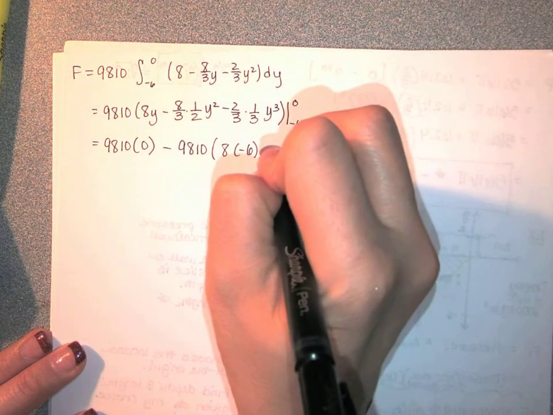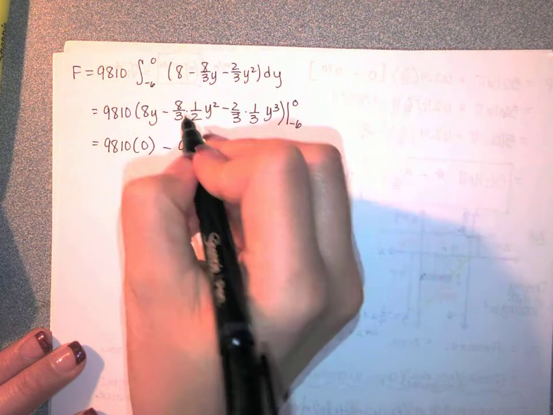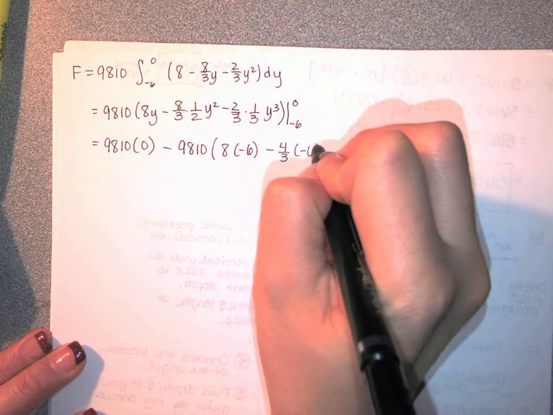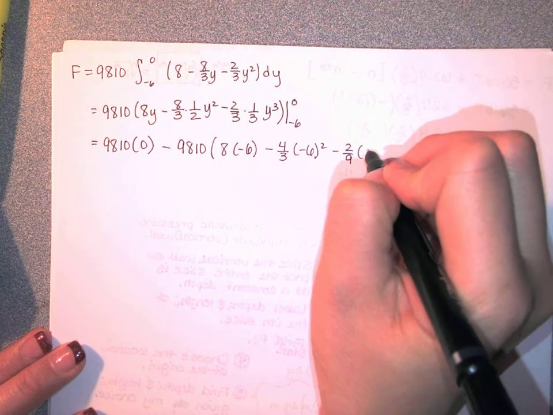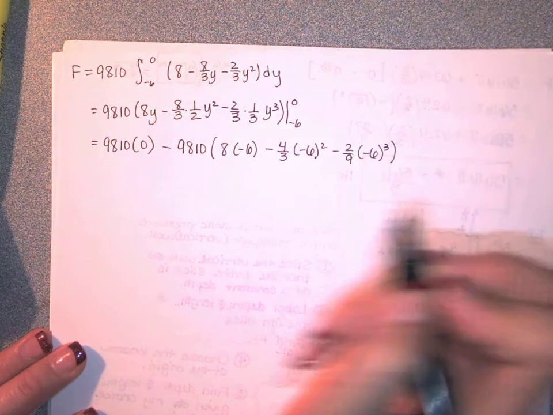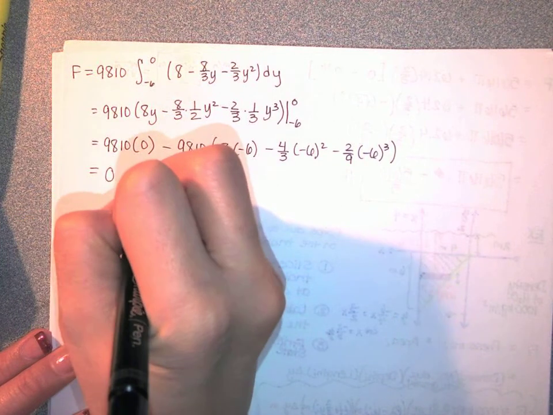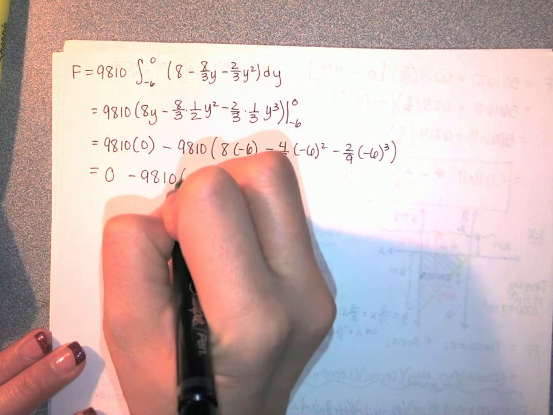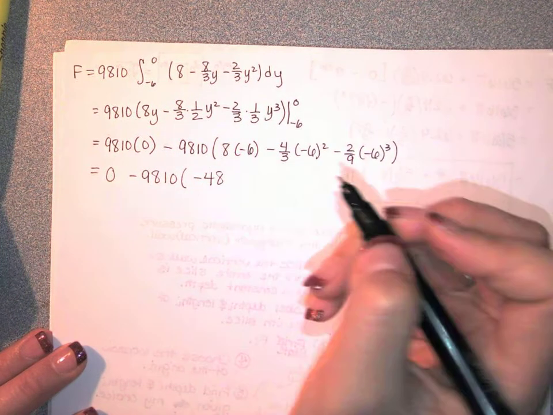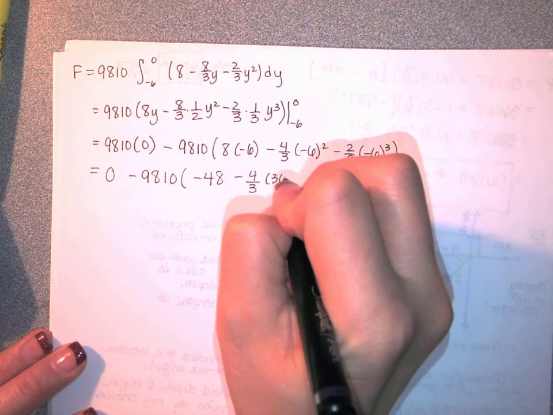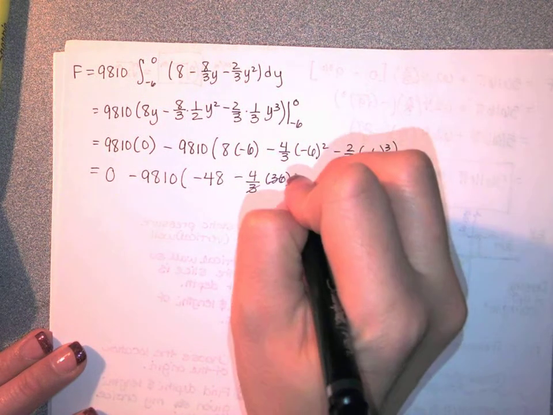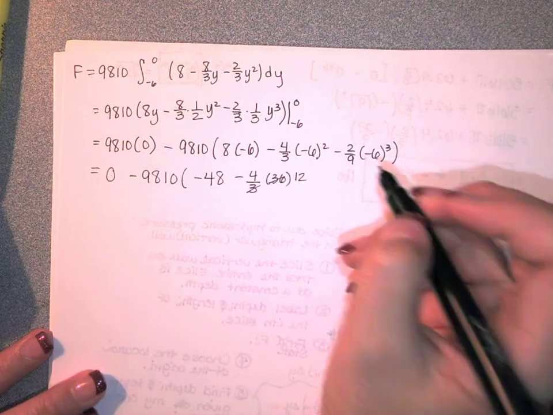Half of 8/3 is 4/3. So that's 4/3 times -6 squared minus 2/9 times -6 cubed. So we have 0 minus this. So we have -48, -3/4 times 36. 3 goes into 36 12 times.